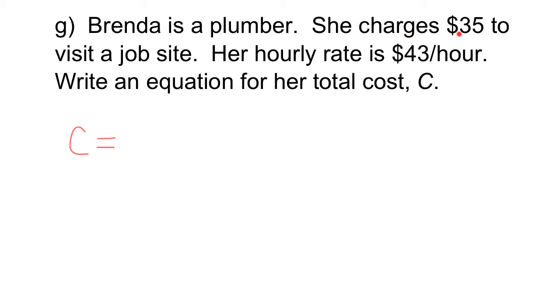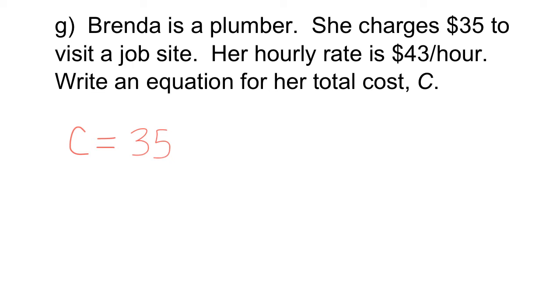Well, she charges $35 to visit a job site. So automatically, the cost is going to be $35. But then it says her hourly rate is $43 per hour. So on top of that $35 that she charges just for coming, she charges $43 per hour. Okay, well, how many hours is she working? We don't know. That's my unknown.